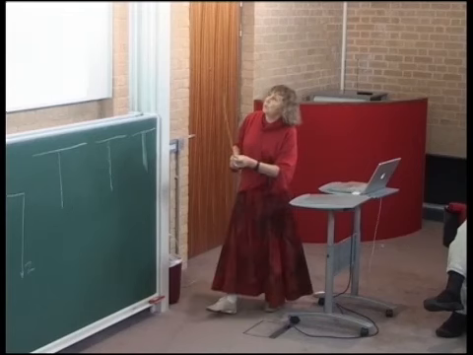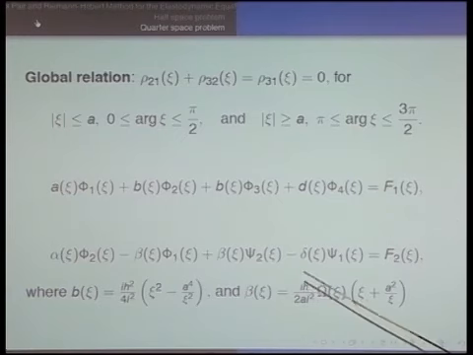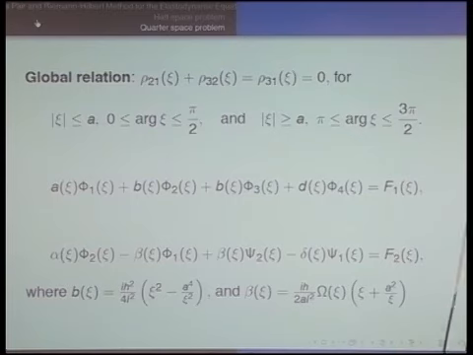So, as I mentioned before, we formulated the global relation for the first Lax pair and for the second Lax pair in the marked regions. And then, in a similar way as we did before, we have to extend these global relations from the regions where they were formulated to the whole Riemann surface.